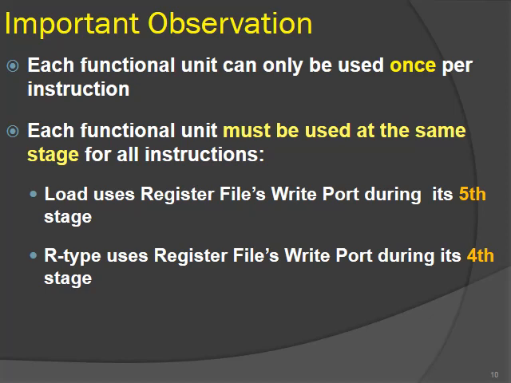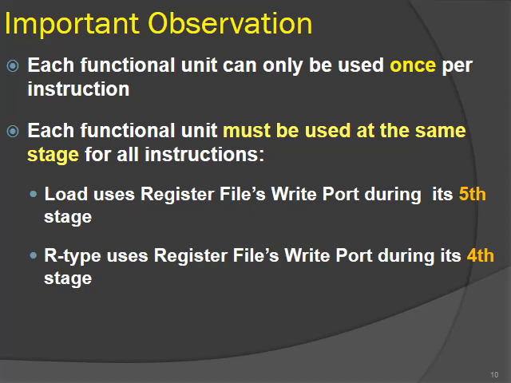Each functional unit can be used once per instruction, and each functional unit must be used at the same stage for all the instructions. We notice that the load instruction uses the register file during its fifth stage, and the R-type instruction uses the register file as a write port during its fourth stage.